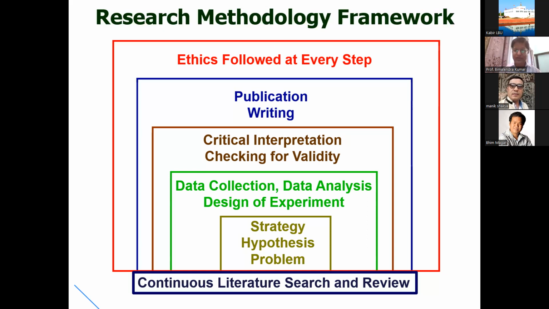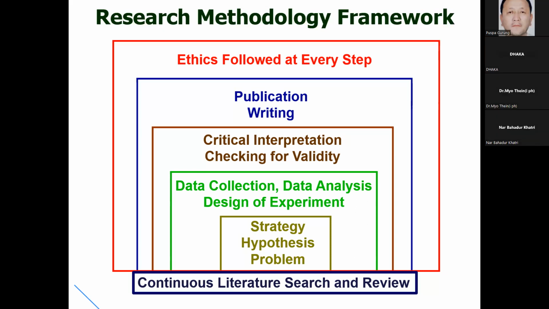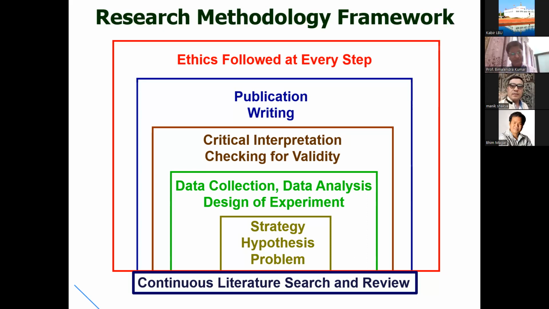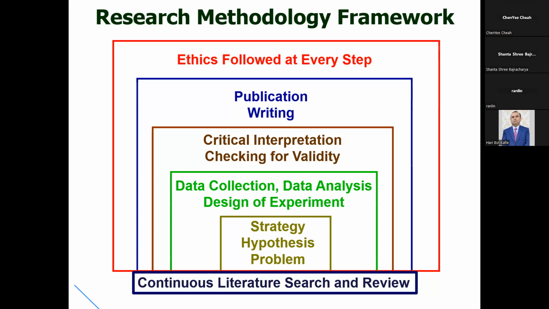Sometimes the materials on Google sites, whether it is H-Buddhism or other sites related to Buddhism, may contain wrong statements also. So whatever information you are getting there, you must check it through your original sources or secondary sources, whether they are right or wrong. So there must be continuous literature research and review. This is the first stage. We'll discuss one by one how these stages are taken.